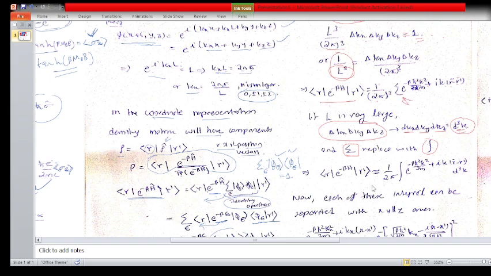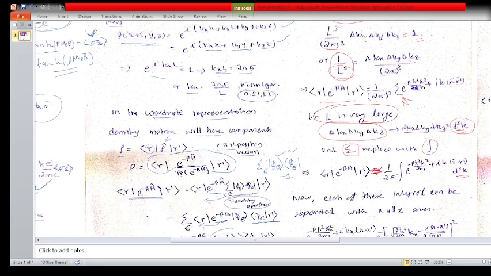Then we can write the expression e raised to minus beta h, r and r dash, which is approximately equal to 1 by 2 pi integral of e raised to minus beta h cross square k square by 2m plus i k times r minus r dash d cube k.